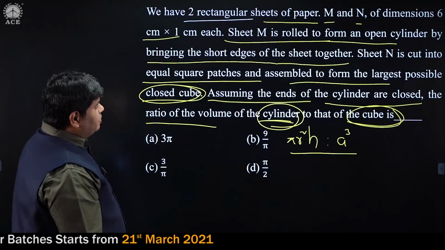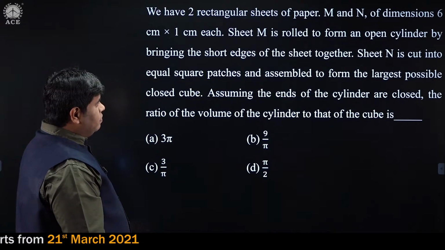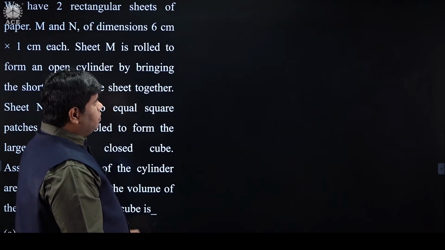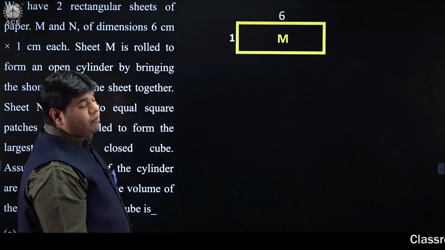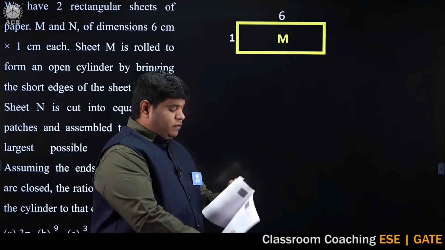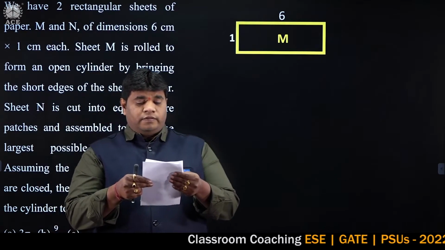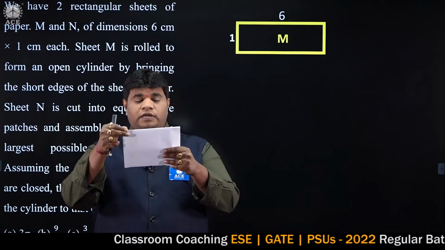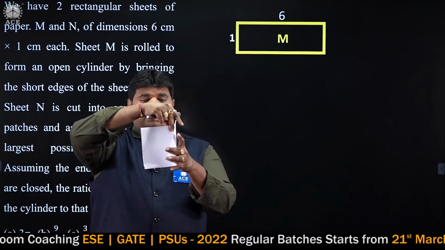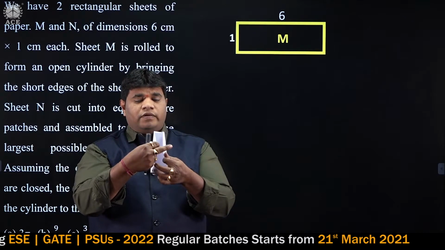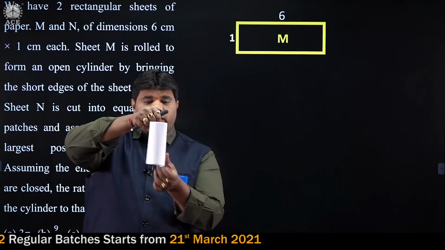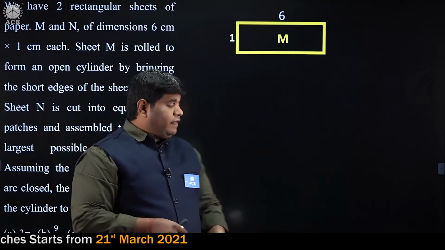Observe. First, 6 by 1. You are folding like this, six and one, and closing it like a cylinder.